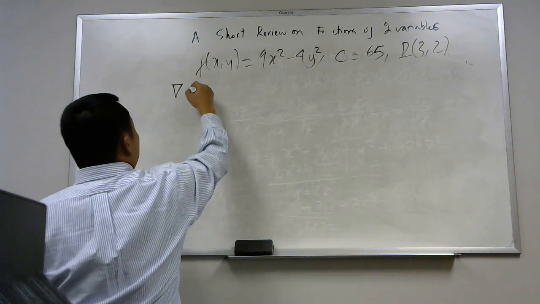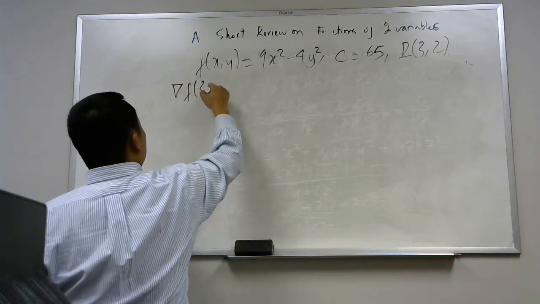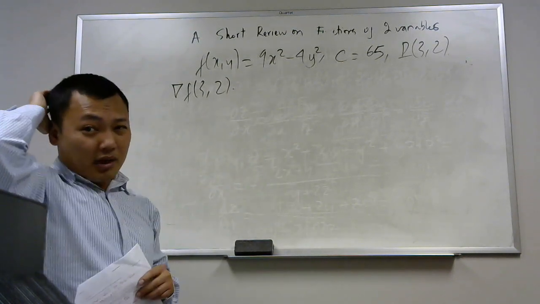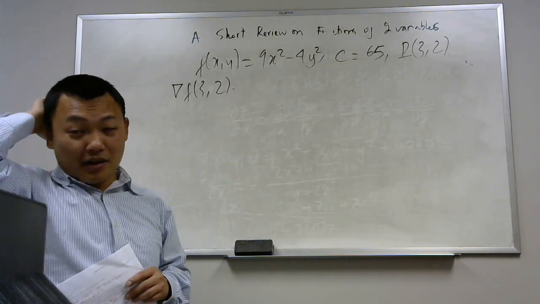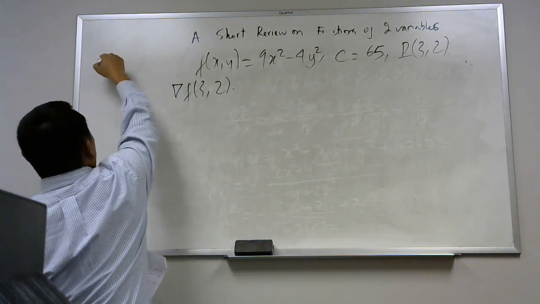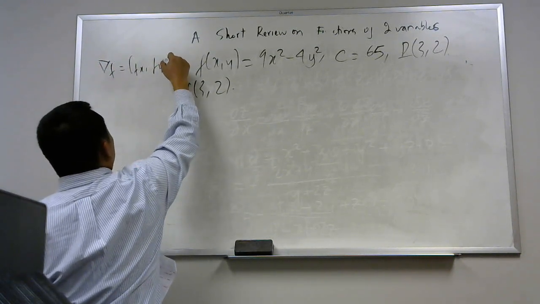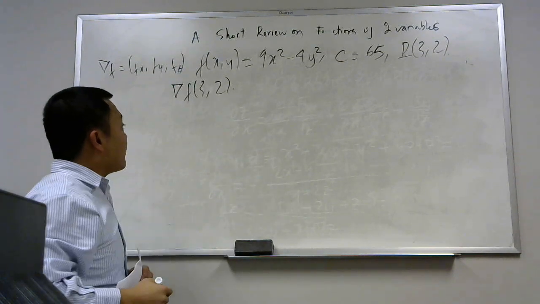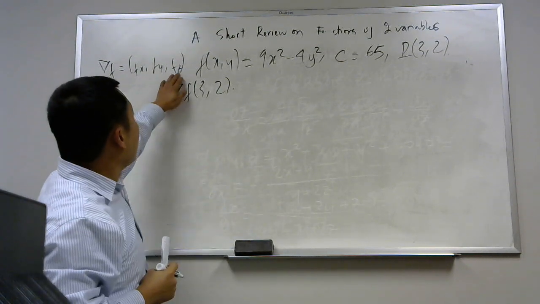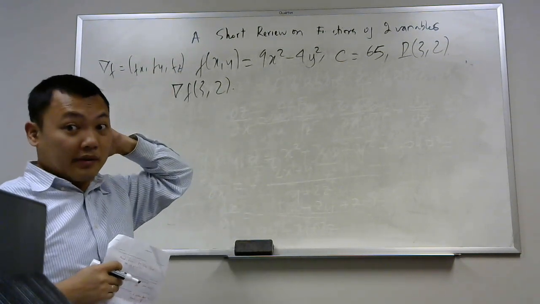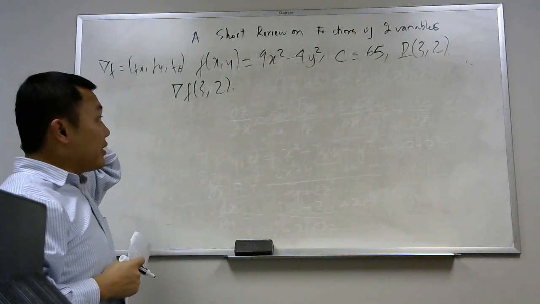First, they ask us to find the gradient of this function at (3, 2). So we know what the gradient of a function is. The gradient of a function f is (fx, fy). In case the function has 3 variables, we still have fz here. It's a vector of partial derivatives.